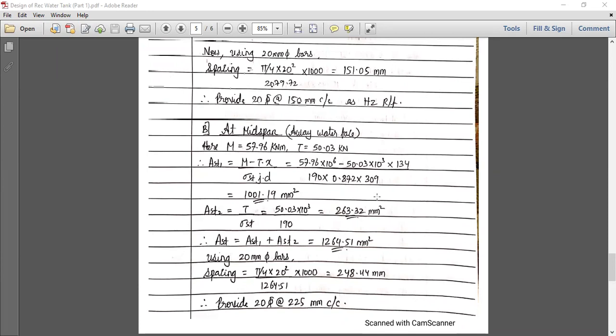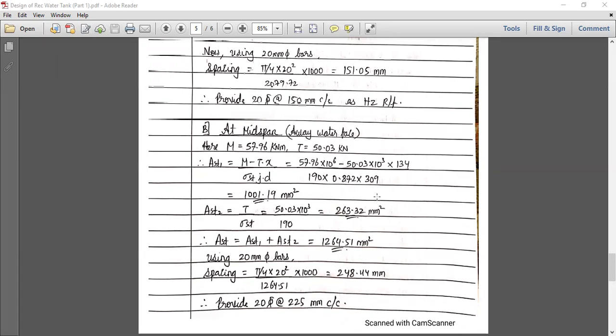We have to complete this numerical. Okay, so this is the rectangular water tank designed by approximate method.